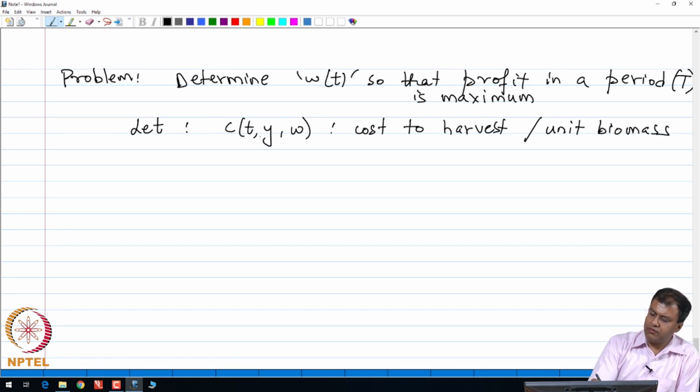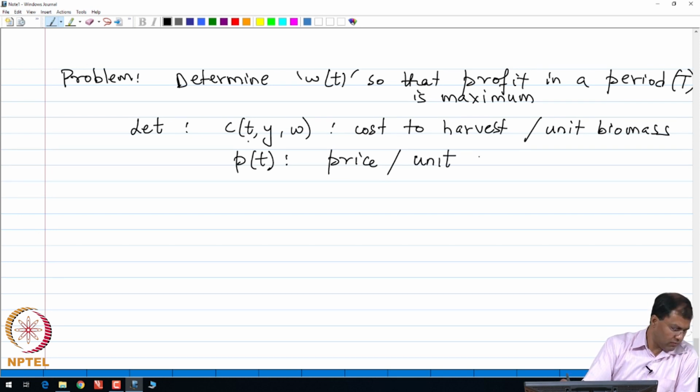Of course, the cost will depend on the particular season, it will depend on the fish population in the pond as well as the harvesting rate. And then let us say that P of t is the price of the fish that is sold in the market, the price per unit mass of the fish which is sold in the market.